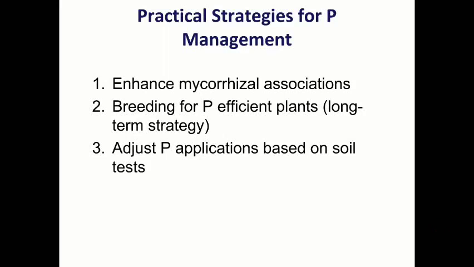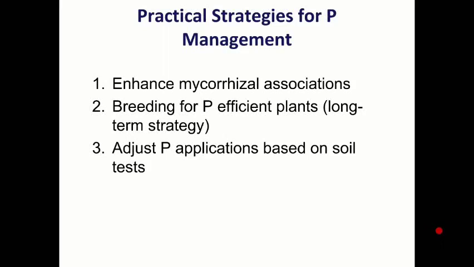Now, enhancing phosphorus management. We talked a little bit about mycorrhizal associations before in the phosphorus lecture. So anything you can do to enhance those is a good idea. We talked about some inoculants. Jury's out on whether they're a good idea, but you could legitimately suggest that's something you could try. Avoiding too many brassicas in your rotation, avoiding tillage too much, which disturbs the mycorrhizal fungi.